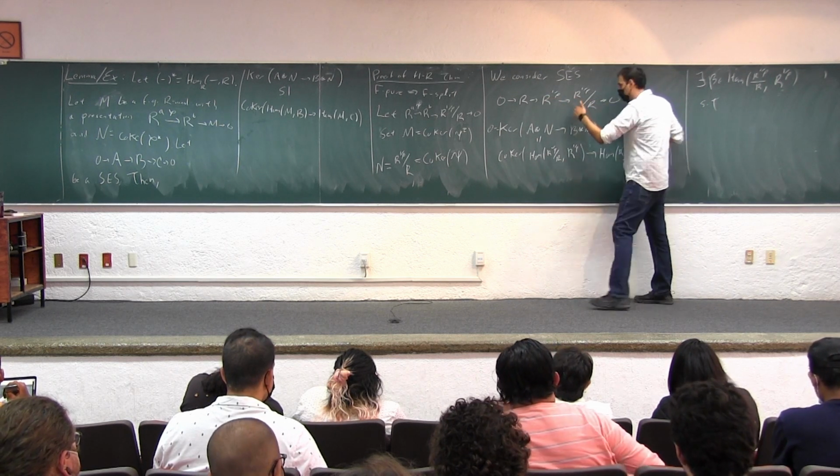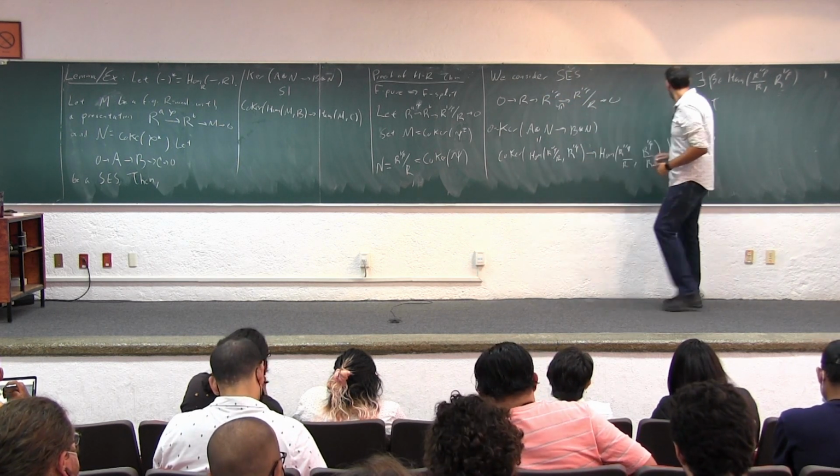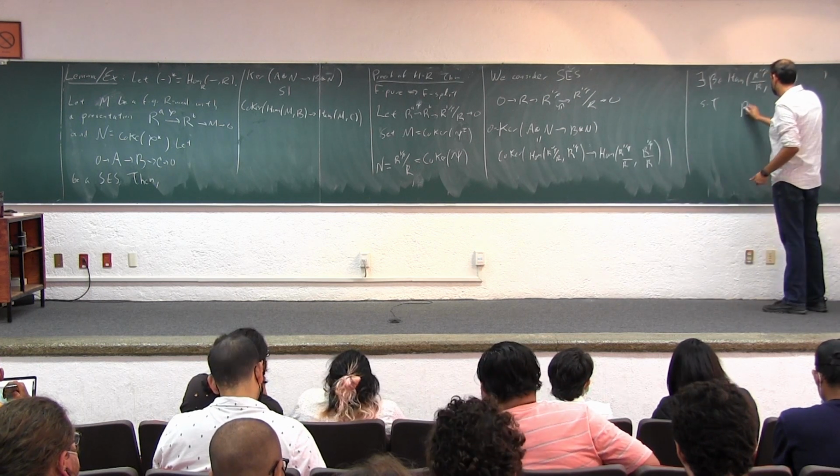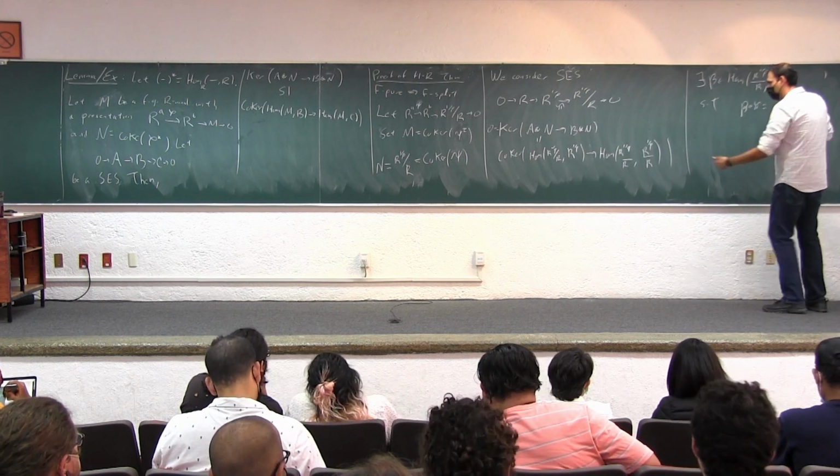Let me just call this map pi. So beta composed with pi is equal to the identity here.